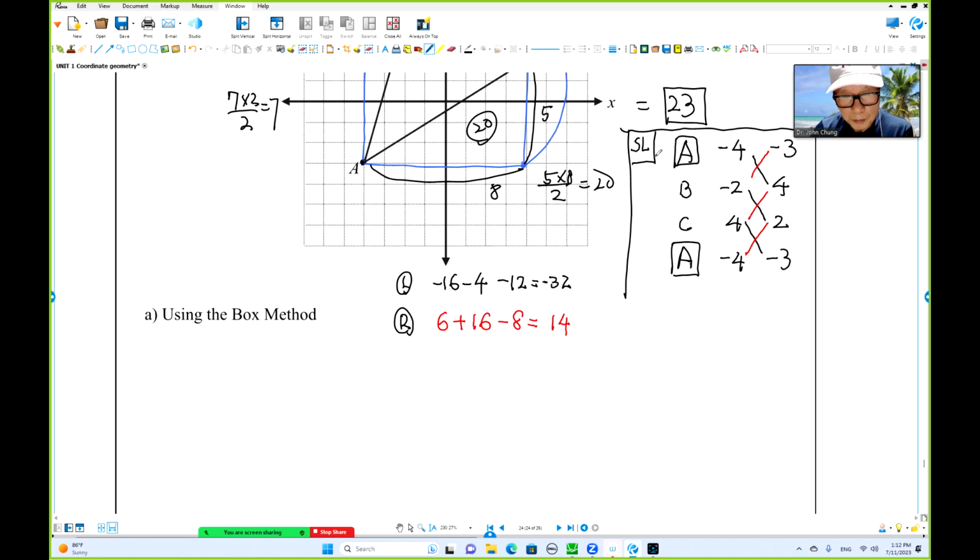Okay, now let's find that difference. Okay, difference. I want to do this first. Negative 32 minus 14, absolute, and divided by 2 is the area, right? That's a shoelace formula, isn't it? So negative 32 minus 14 is how much? 46.